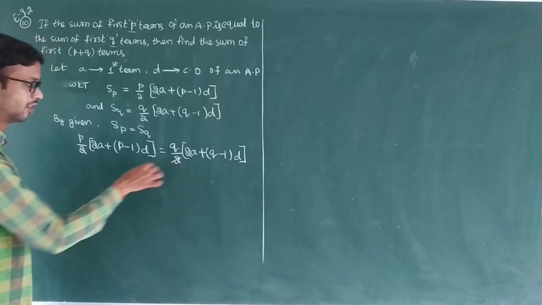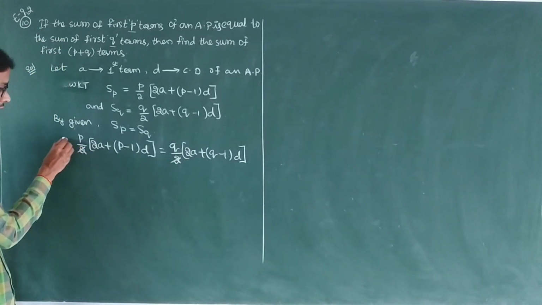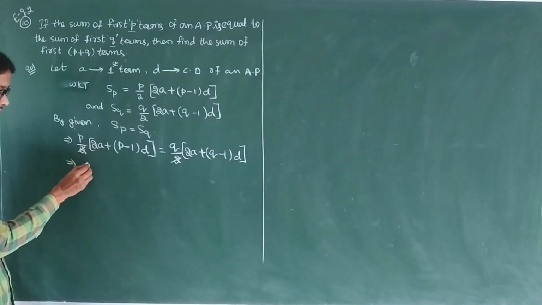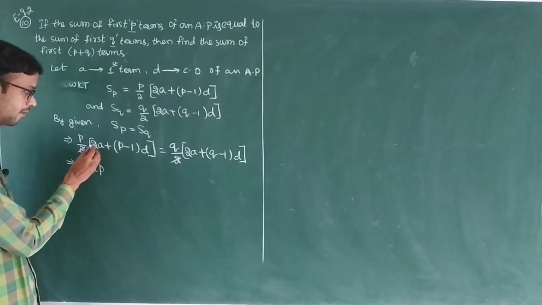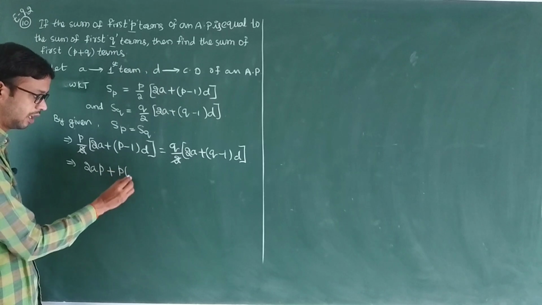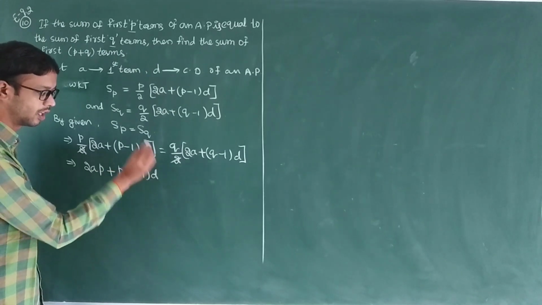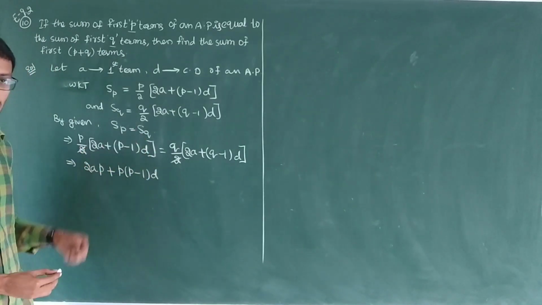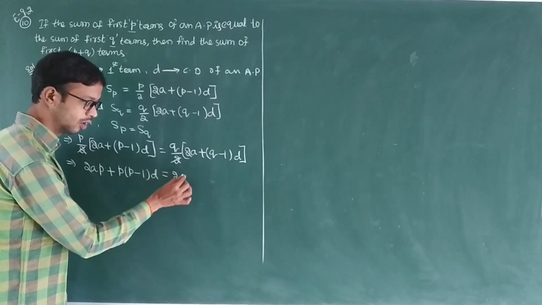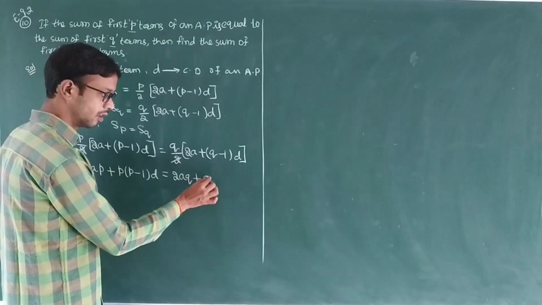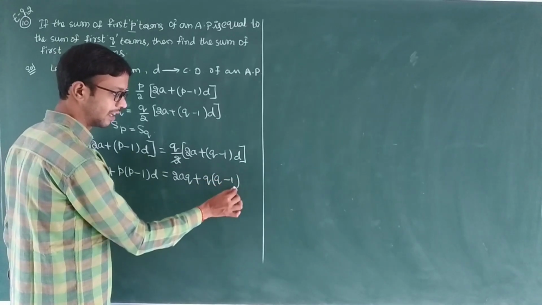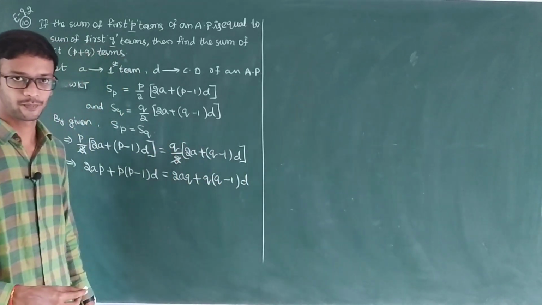Just simplification. The 2 gets cancelled, and write down here 2ap, p multiplied inside, plus p into (p minus 1) into d. Just multiplication. Next, 2aq plus q into (q minus 1) into d.